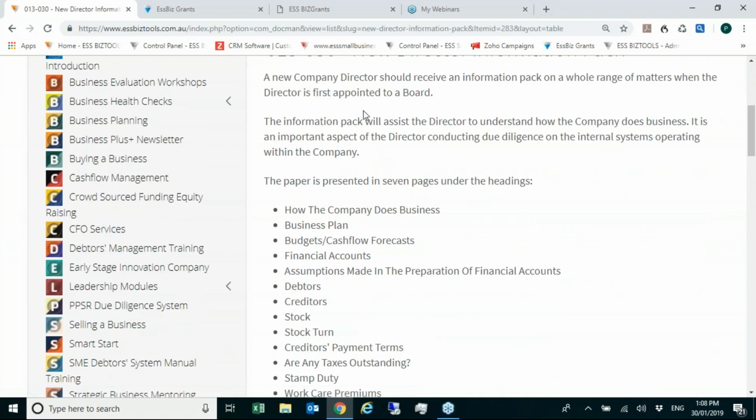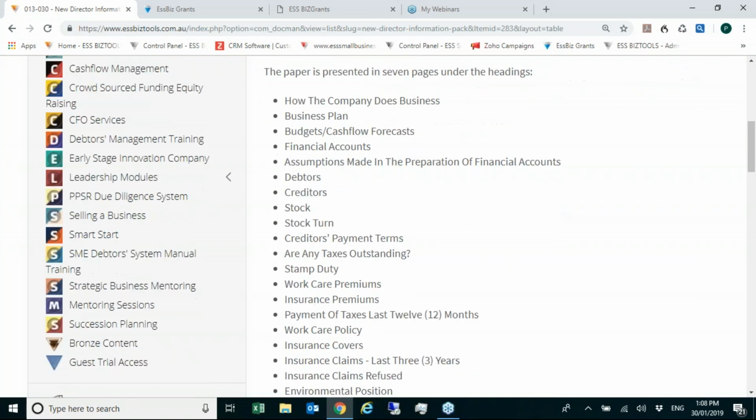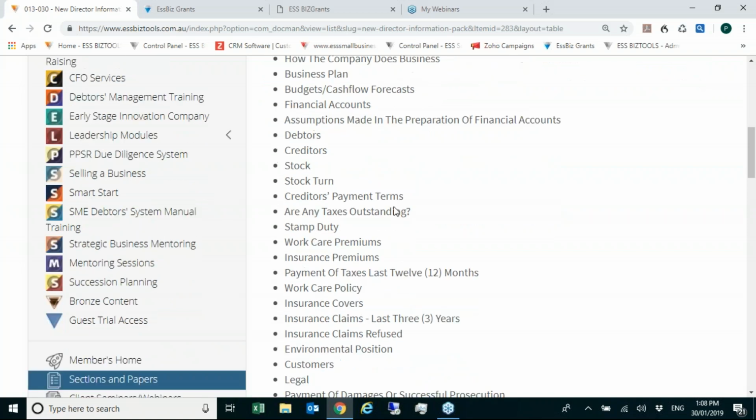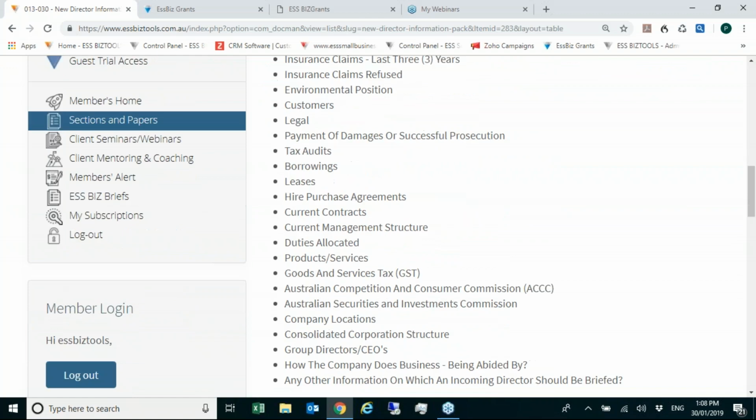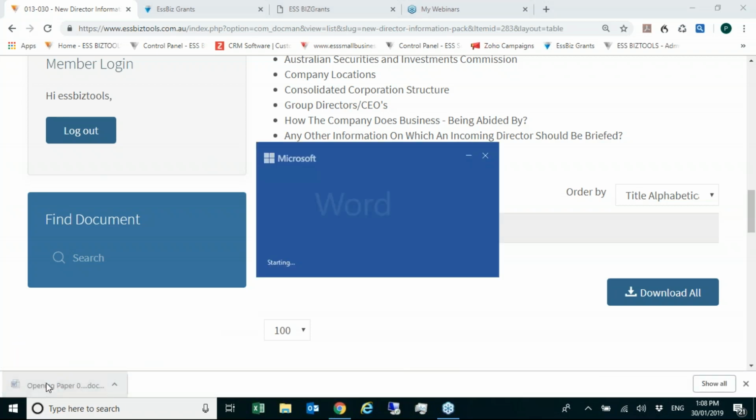You will have an executive summary of what that paper's relating to, so that you might scan that and decide, yes, that's what you need for this particular client that you're going to supply it to. So there's a summary of what's in that document. To view it, just click on the name and then go over here to bring it up onto the system.